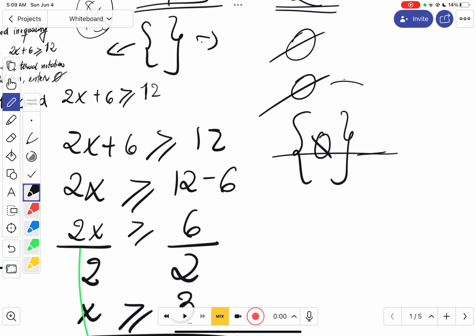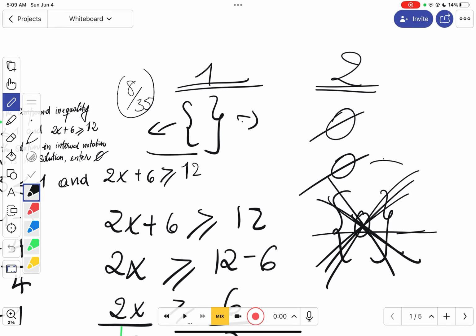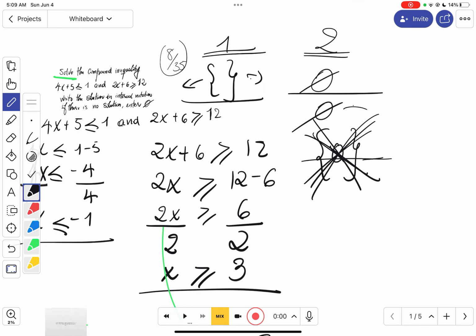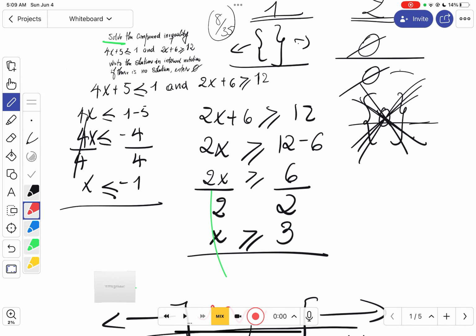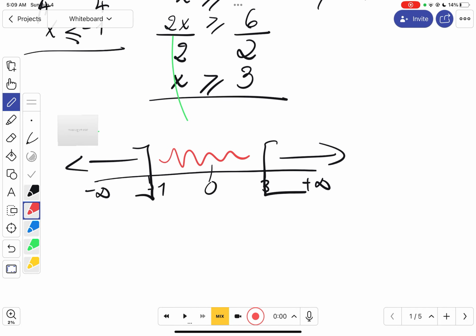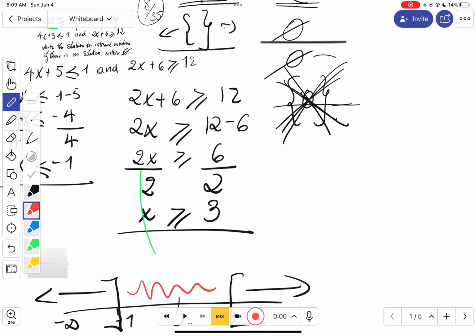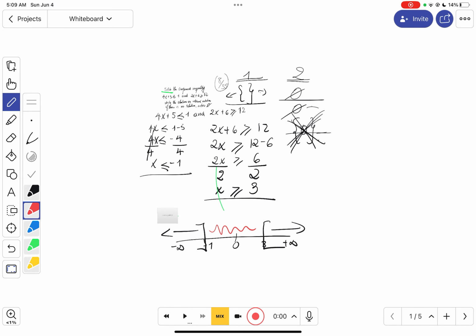So don't do that for the test. Just use the brackets or the symbol to indicate that it is empty, because you're looking for the intersection, right? That's what 'and' means. They're not sharing anything in the middle, so the set is empty. And to say that the set is empty, you can use either this way or this way.